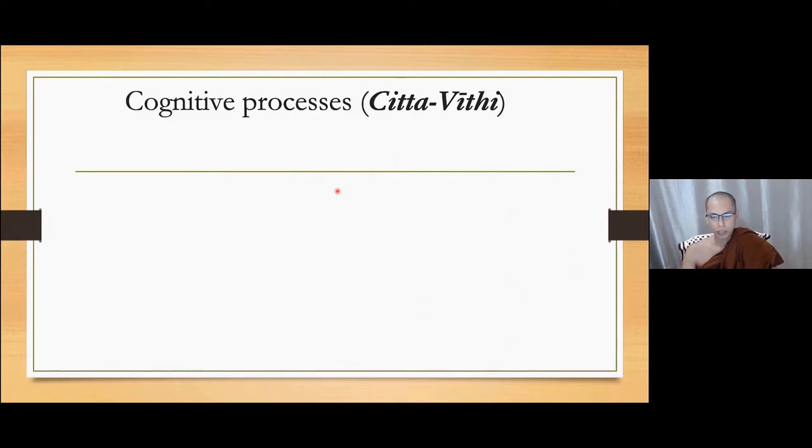And the Chittasika chapter makes the connection of Chitta and Chittasika together. Then in the Pakinaka chapter, the consciousness and mental factors are classified in 6 sections: Vedana, Hetu, etc. Now we're going to continue with the cognitive process, Chitta Vithi.